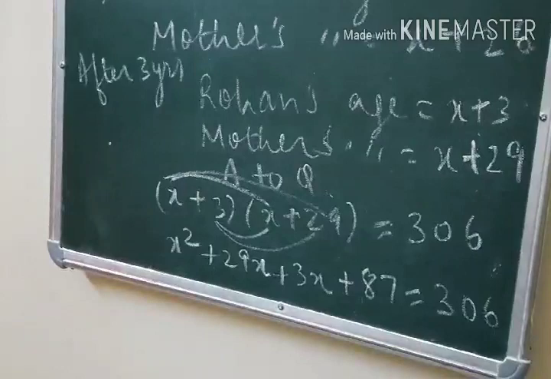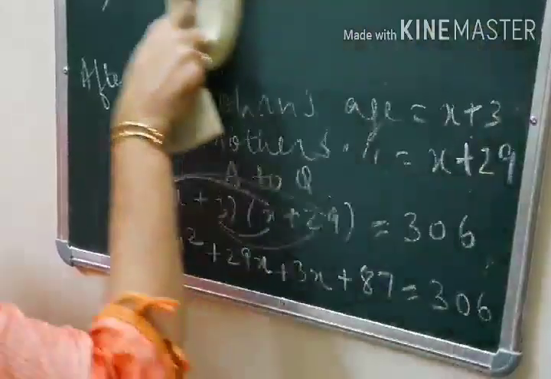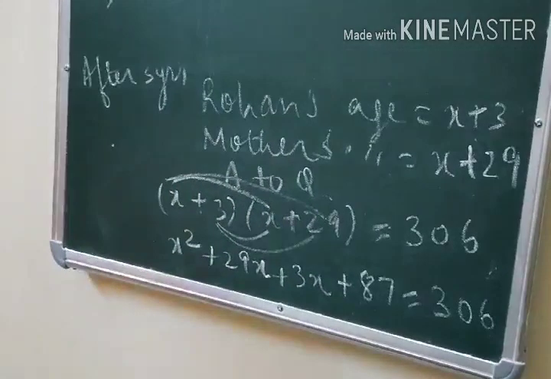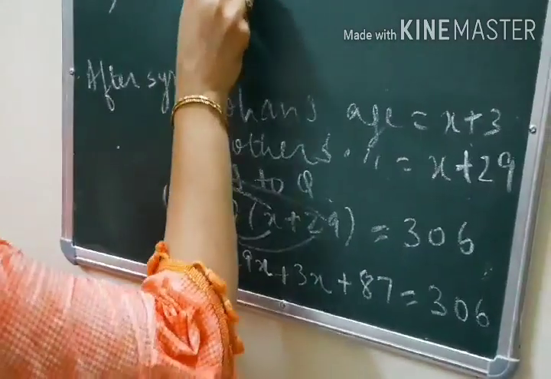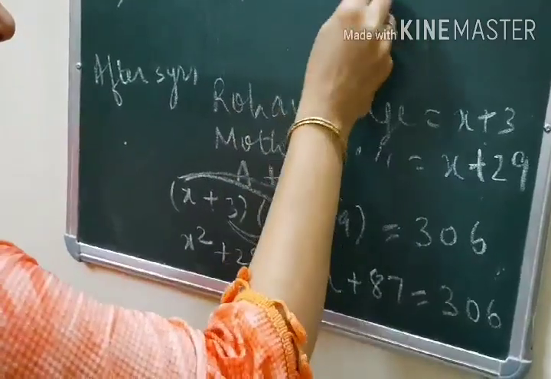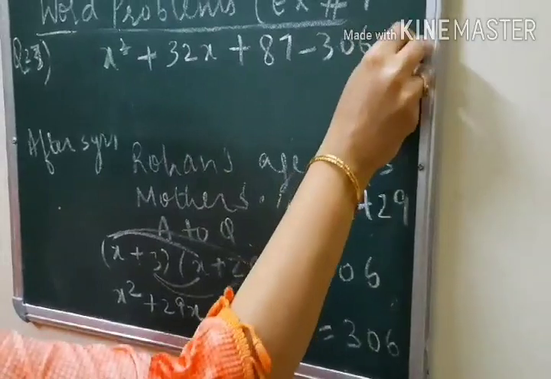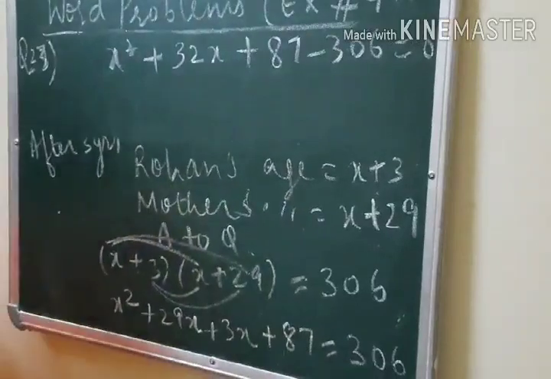Now make proper quadratic equation. It will be x square plus 29x plus 3x is 32x plus 87 minus 360 is equal to 0. I have shifted this 360 to this side.